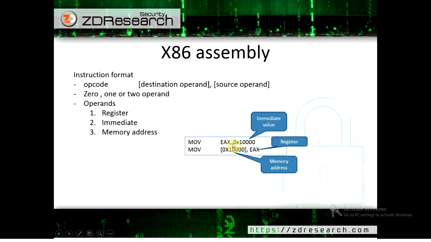And here you can see the format of an immediate value used as a source operand. Of course, immediate values cannot be used in, for example, a mov instruction as a destination operand, because you cannot write something like this. But there is another operand type, the memory address, which is defined by brackets.